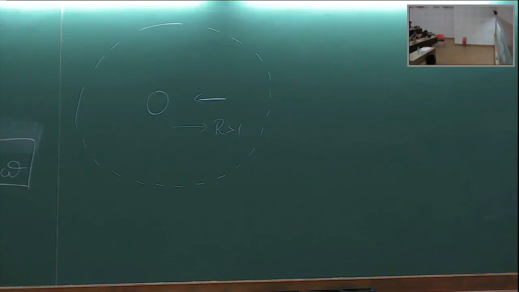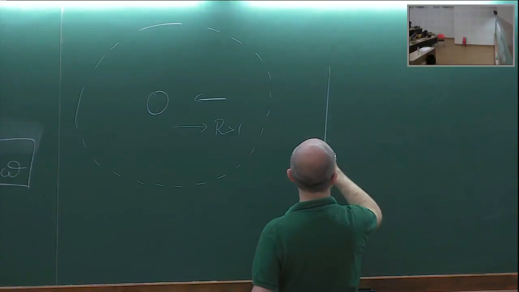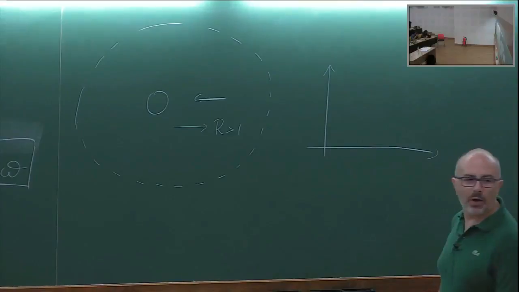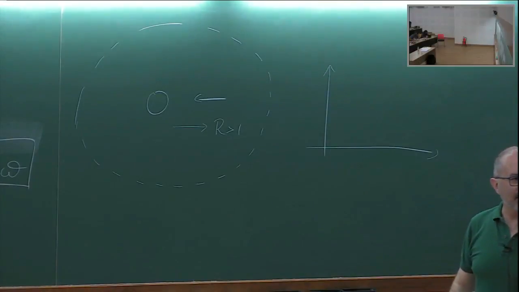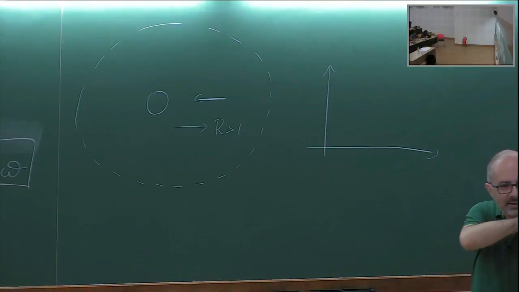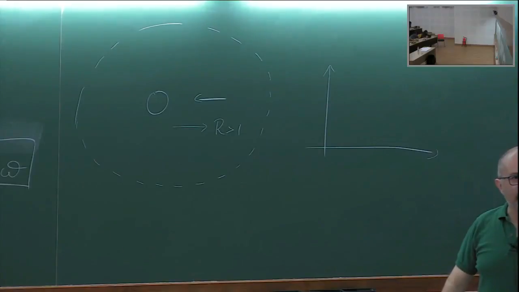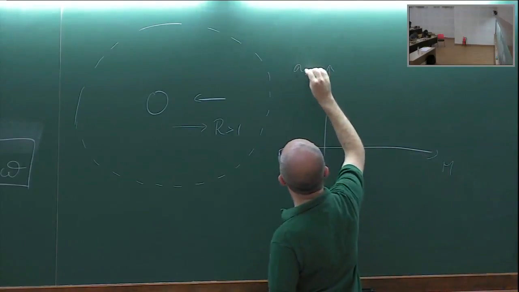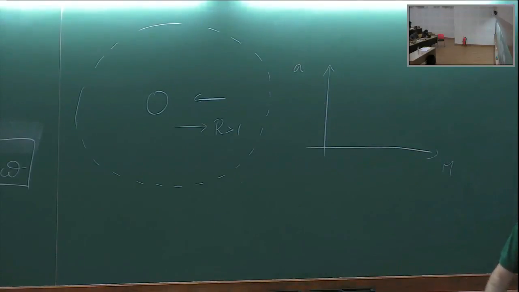Yes, but it does grow exponentially. What you can do, in fact, is very interesting. What you can do is make plots in what Arvanitaki and others call the black hole Regge plane. So suppose that I have the mass of the black hole on the x-axis and the spin of the black hole on the y-axis.